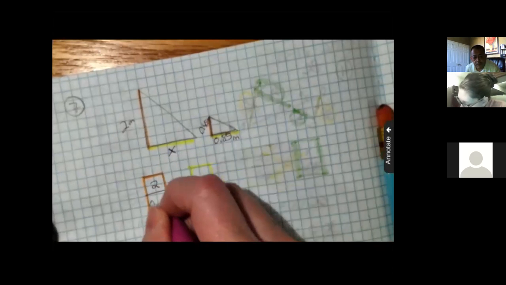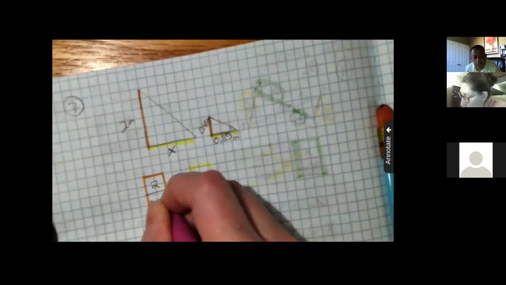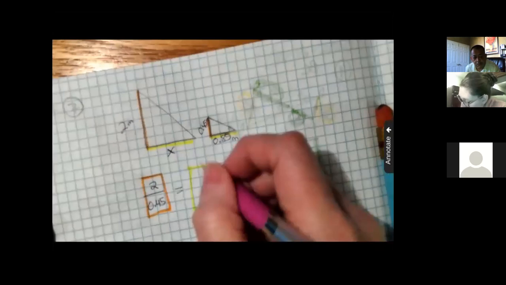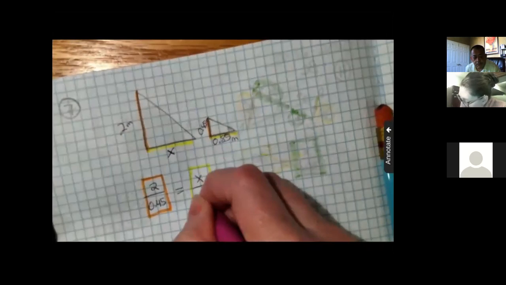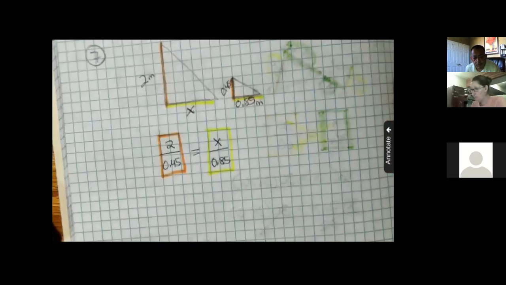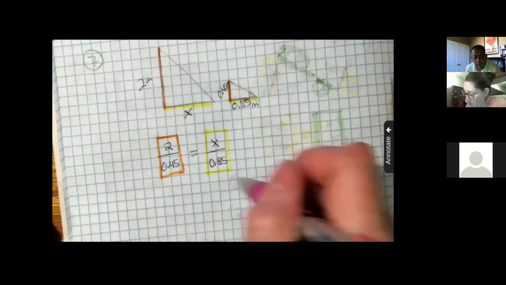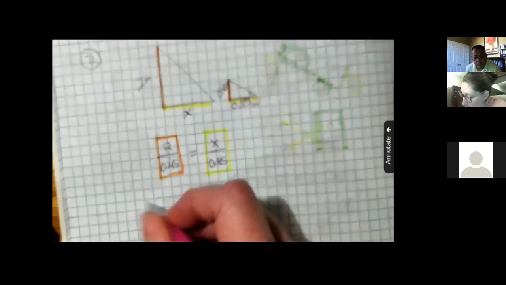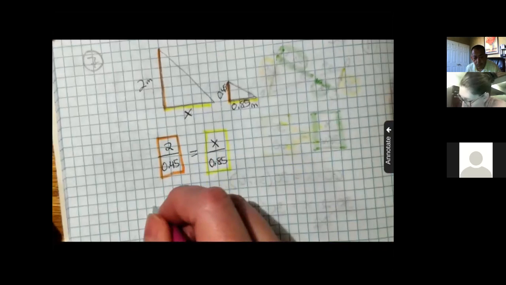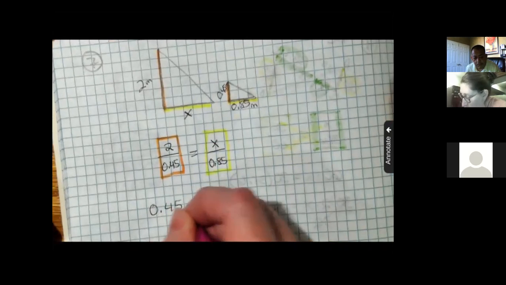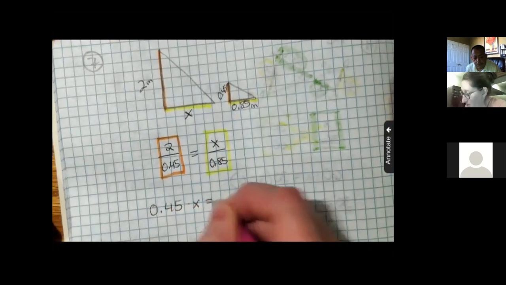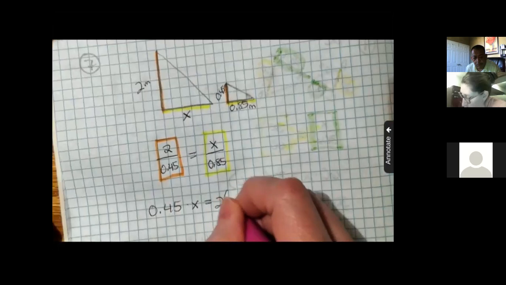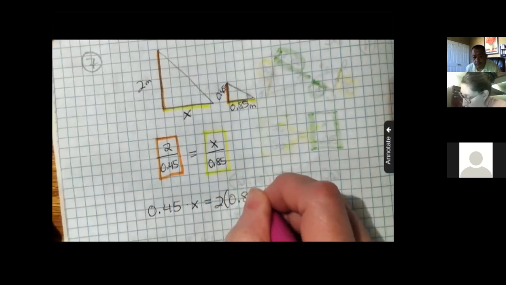So 2 to 0.45 equals x to 0.85. Now it's like what we've been working with before. You cross multiply. I like having my x on the left, so I'm going to say 0.45 times x equals 2 times 0.85.